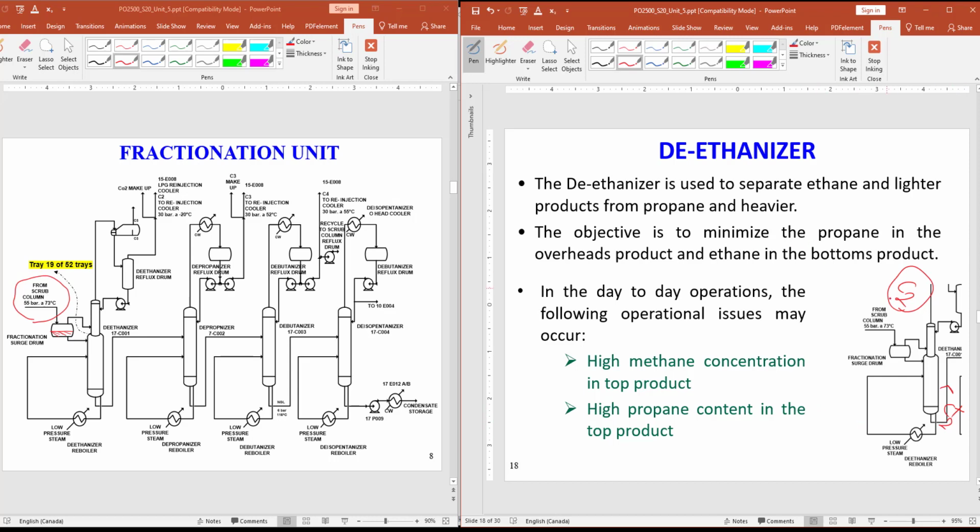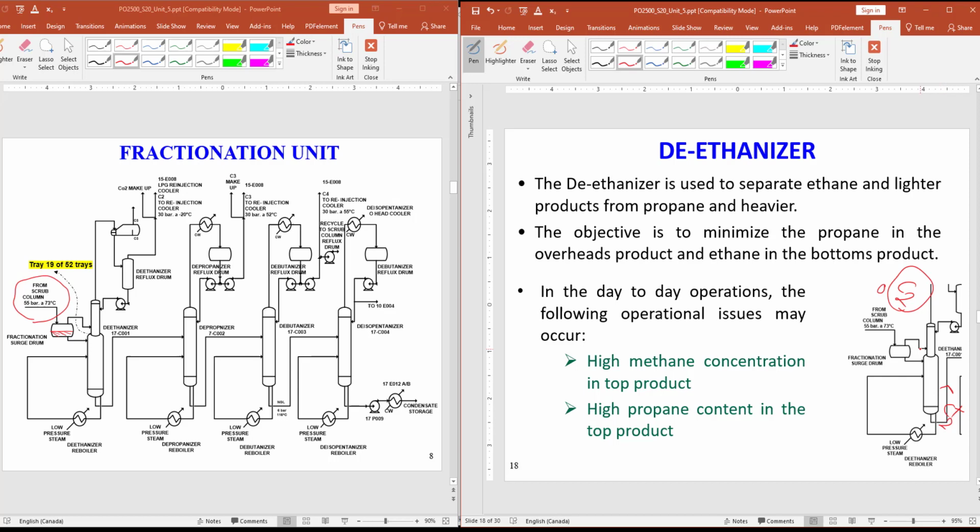So the objective here is to have mainly ethane and even lighter products, and we want to minimize the propane, because heavier than ethane will be propane, C3. We want to minimize the amount of propane and heavier molecules at the top, and we want to maximize the amount of propane and heavier molecules at the bottom. This is our objective here.